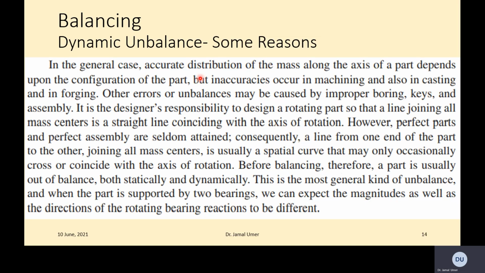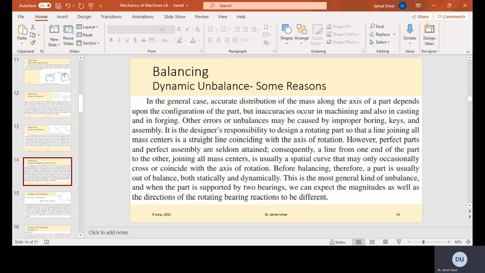In the general case, the accurate distribution of mass along the axis of the part depends on the configuration of the part, but inaccuracies occur in machining, casting, and forging. So these are some of the reasons why we can have unbalance. I have briefly discussed them, and I'm putting them here once again as a good summary.